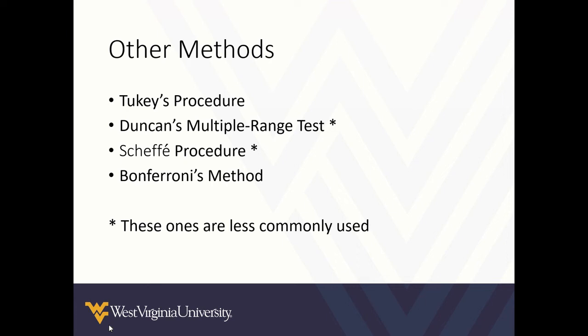In my very first graduate class, my professor talked about all these methods, and he flat out said the only time he used the two in the middle was when he was learning about them in his PhD classes and talking about them in our course. Otherwise, he never used them, and I'll be honest, I've never used them. Tukey's I've used, Bonferroni's I've used, but the two in the middle I haven't.